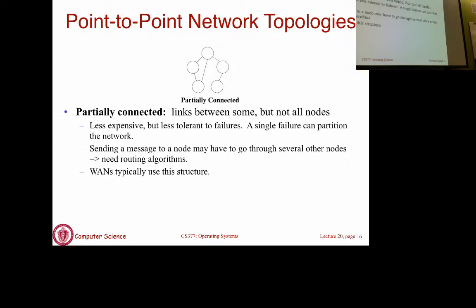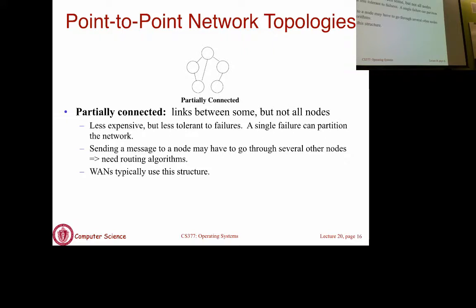Now, this is clearly much more efficient to build because you don't need a link from every node to every other node, but it's more prone to failures. Because if some critical node goes down, your network is going to get partitioned. So for instance, if your home router goes down for your broadband connection, your home network gets isolated from the rest of the internet. So now you're disconnected.